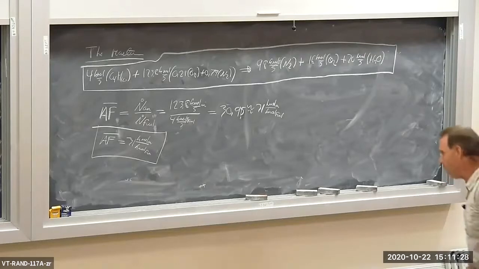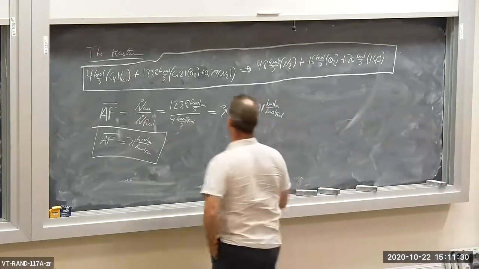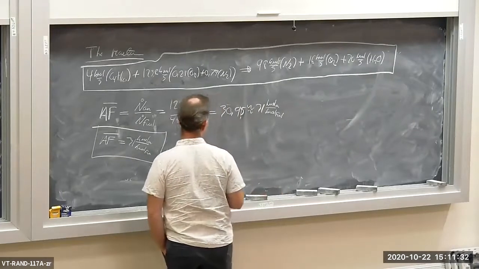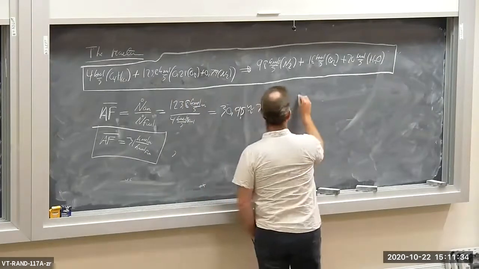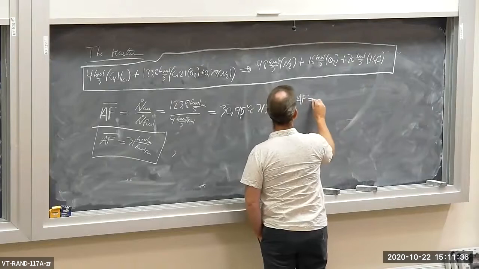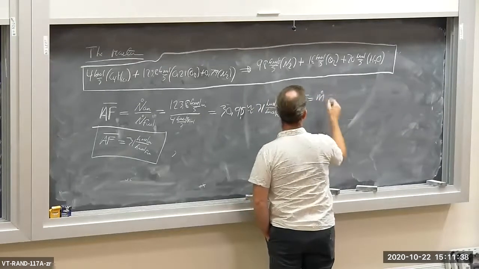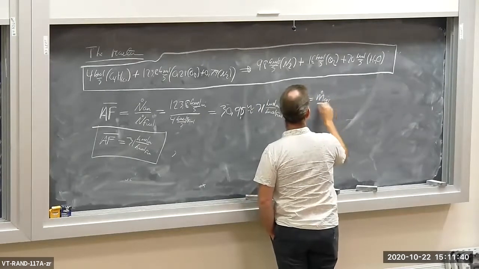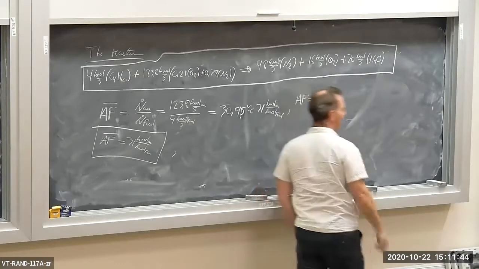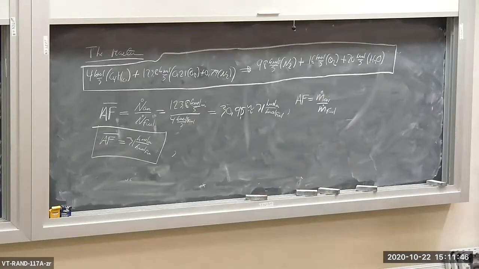What about air-fuel without the bar? Air-fuel without the bar is mass flow rate of air divided by mass flow rate of fuel. It'll have units of kilograms of air per kilogram of fuel. The time cancels out in the ratio, okay?